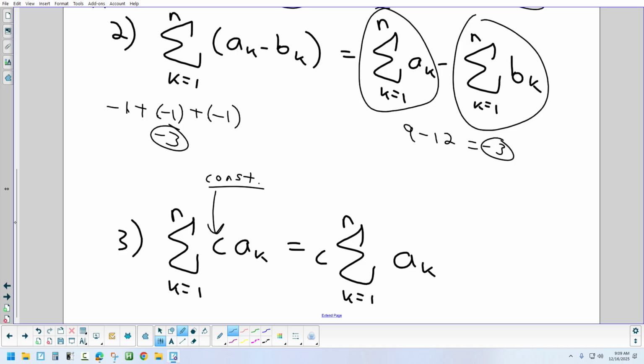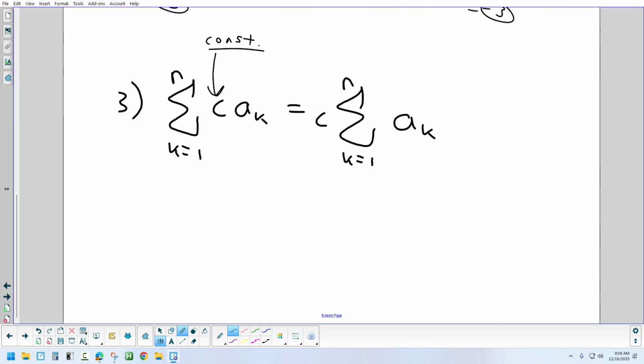So let's take sequence A, 1, 3, 5, and let's let C be 4. Let's do this part first. This says to take sequence A and multiply everything in that sequence by C, which I'm just going to use 4 as an example.